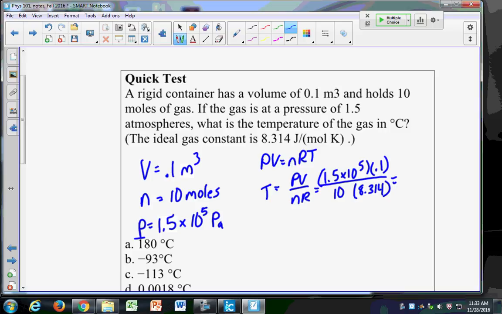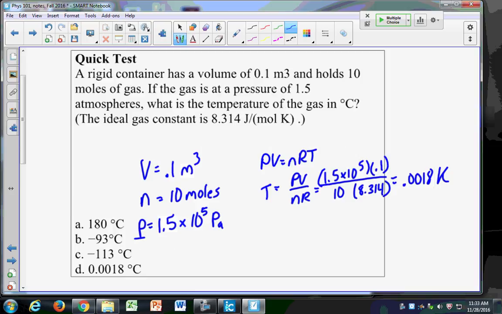What is it, Chandra? 0.0018. All right, but that is in Kelvin. You have to be careful. It's in Kelvin, so that means that my temperature is going to be really low. Is that right? Does it come out to 0.0018?